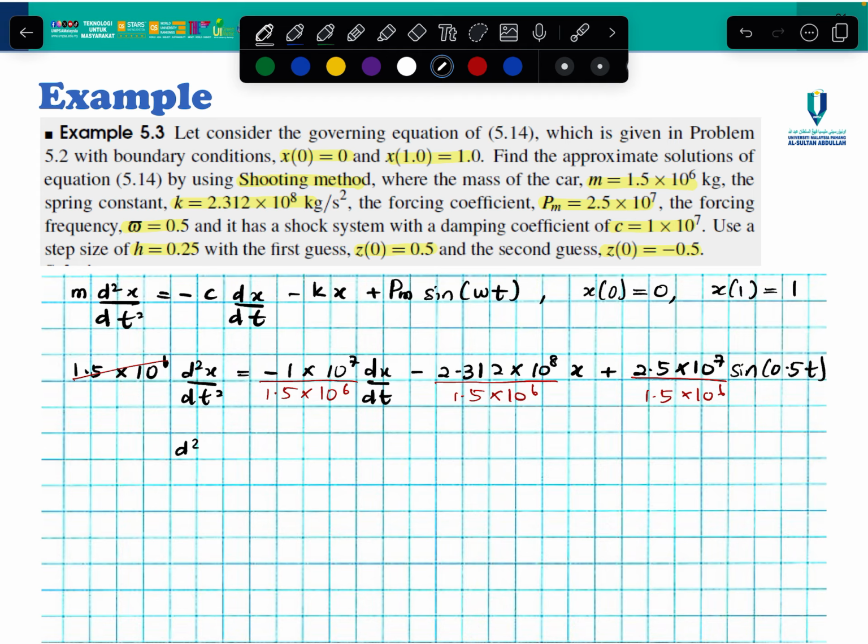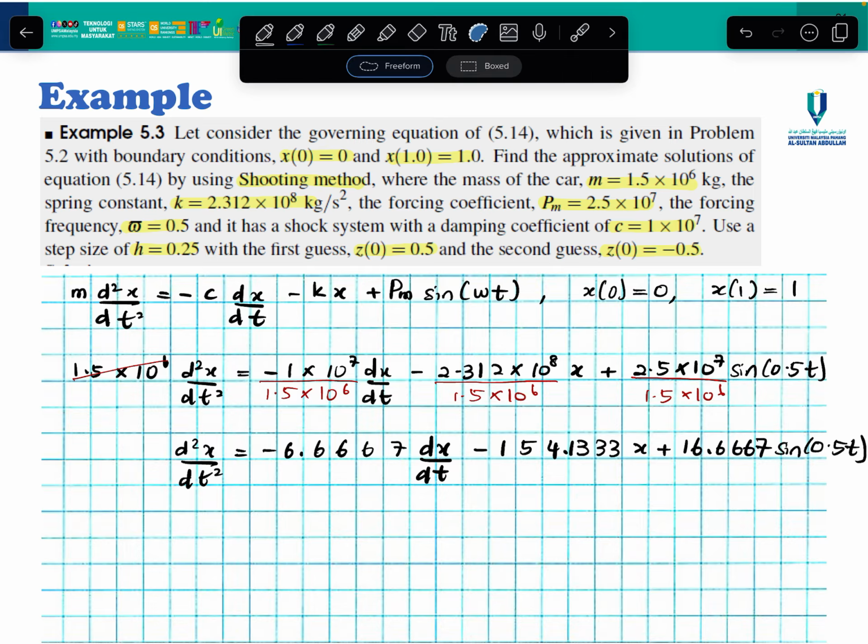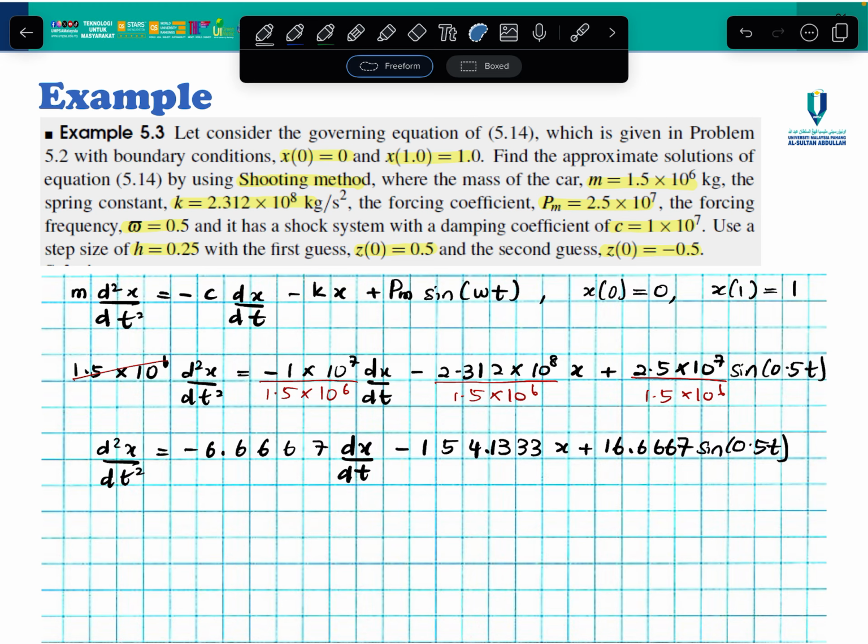So in the next line you will obtain negative 6.6667 dx/dt, minus 154.1333 x, plus 16.6660 sin(0.5t). So this is what you obtain after you simplify all the parameter values.